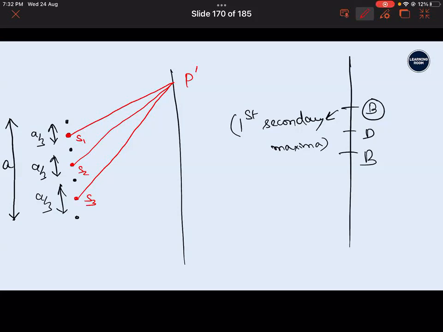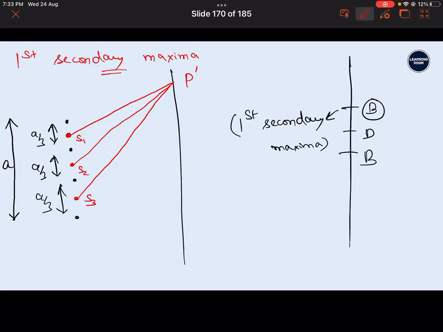Now tell me one thing. The rays going from S1, S2 and S3, are they all supposed to undergo constructive interference? Because I am trying to give an explanation for the first secondary maximum.